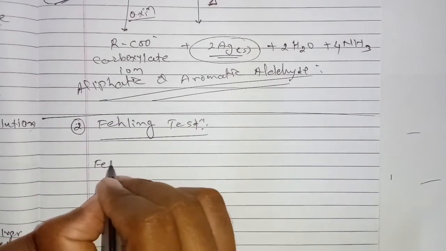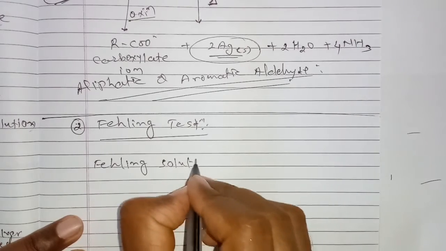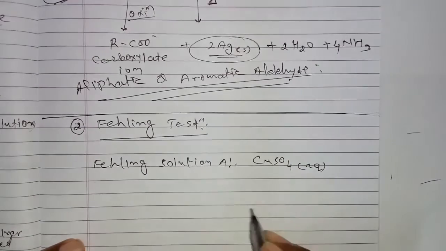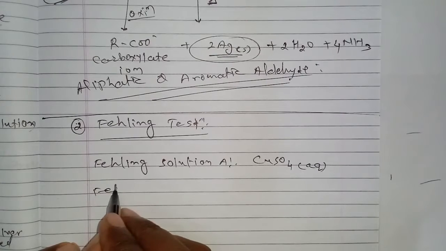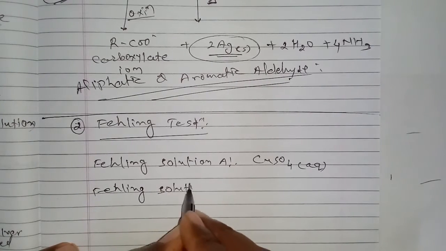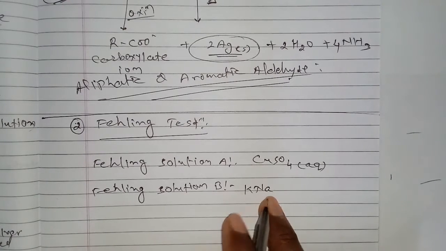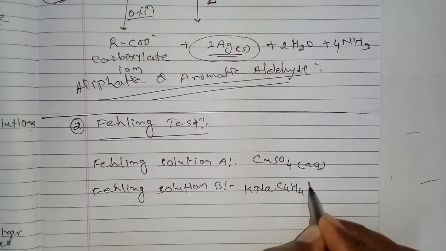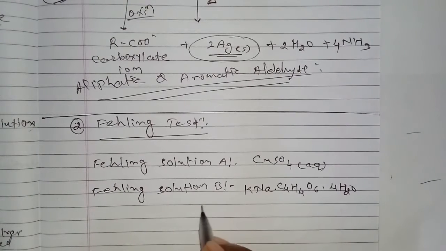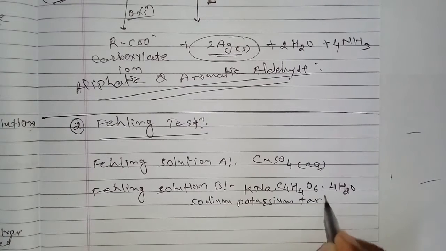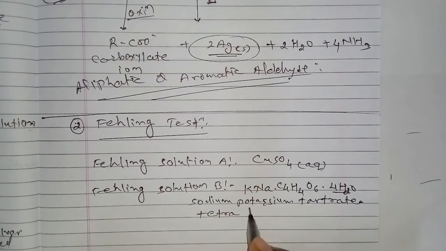In the Fehling test, Fehling solution A is copper sulfate solution, CuSO4, and the other, Fehling solution B, is potassium sodium tartrate tetrahydrate, also named Rochelle salt.